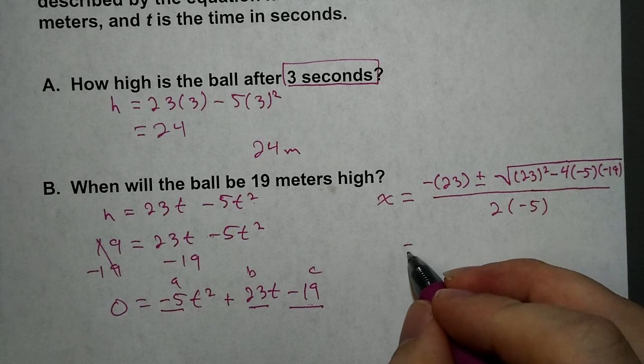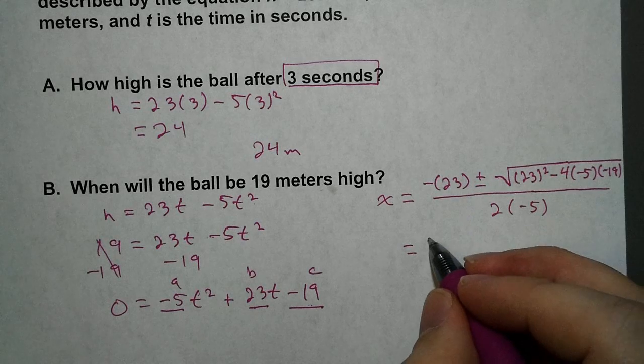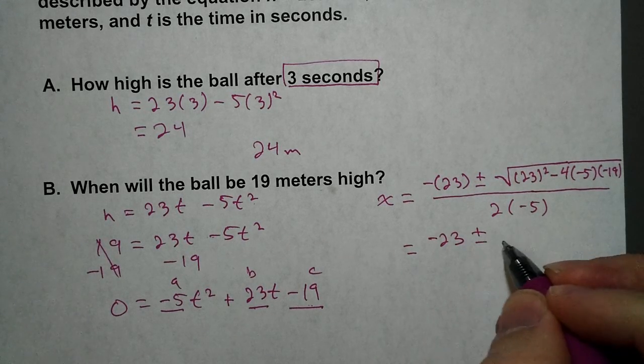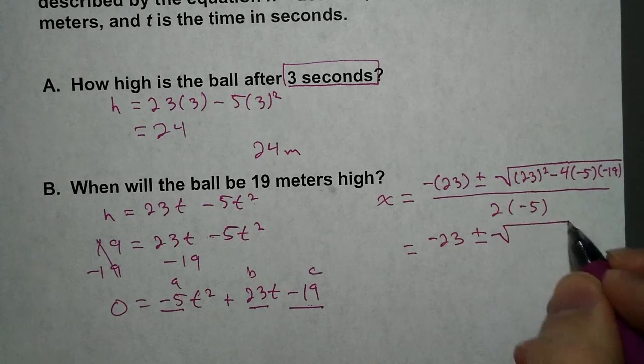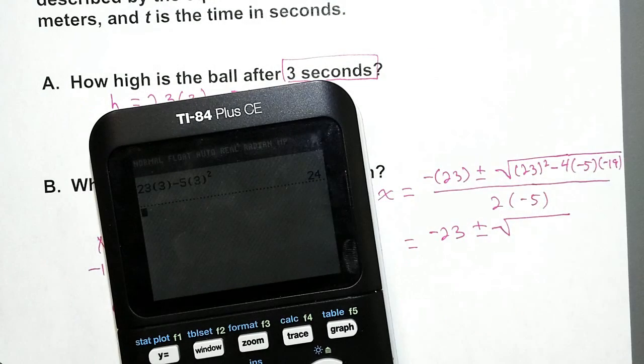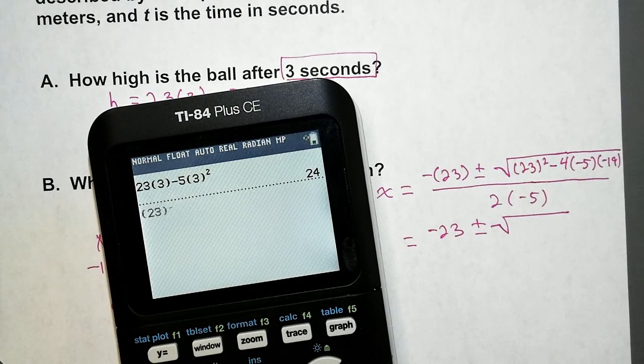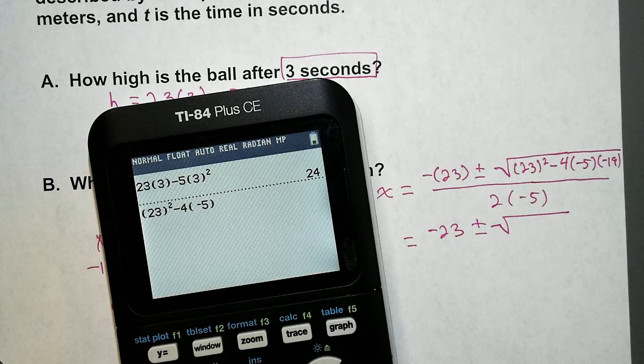Now let's just start to simplify. So negative times 23 is negative 23, plus or minus the square root, and let's simplify everything in that square root. So 23 squared minus 4, negative 5, negative 19.